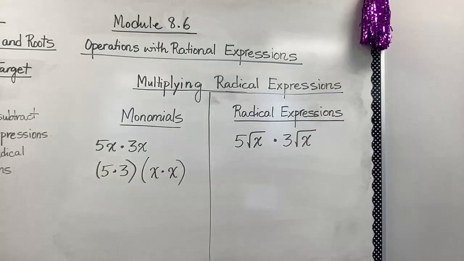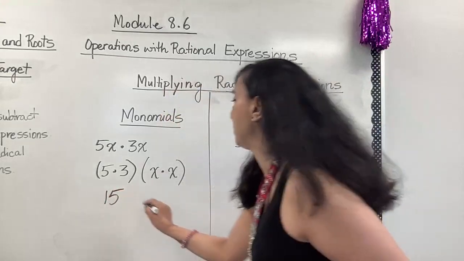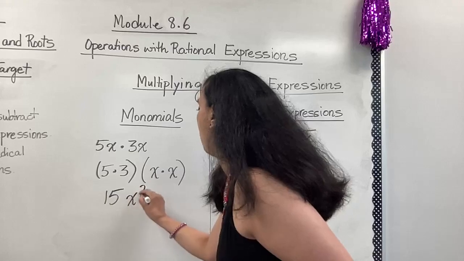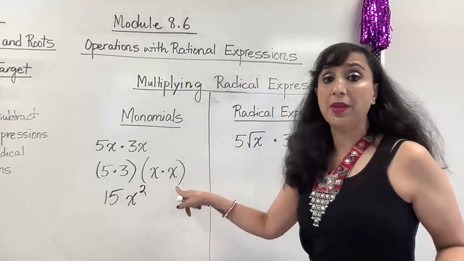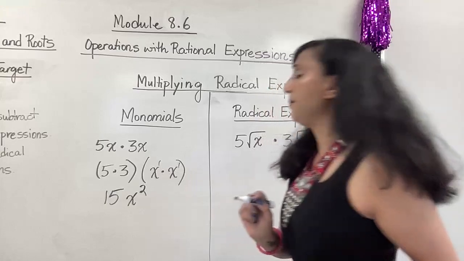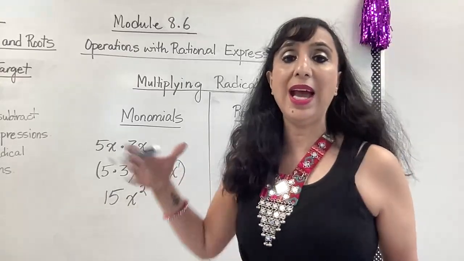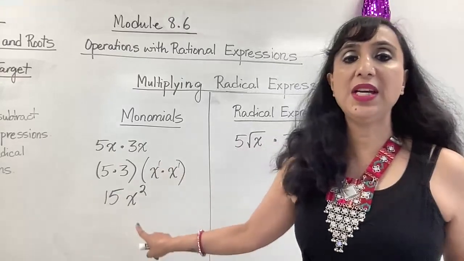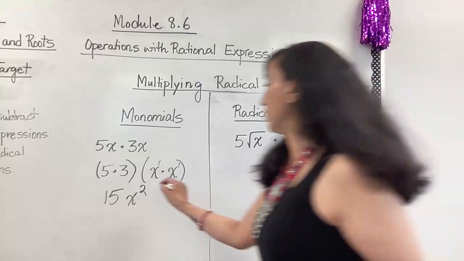And so what is 5 times 3? It's going to give me 15, and x times x is x squared. Because the multiplication property over here, what does it tell me? That this is 1 and this is 1, and so we are just adding the exponents. So I get 15x squared when I am multiplying monomials, right?